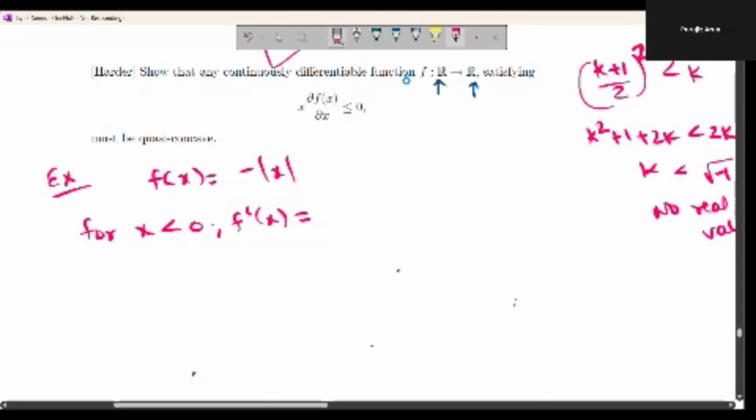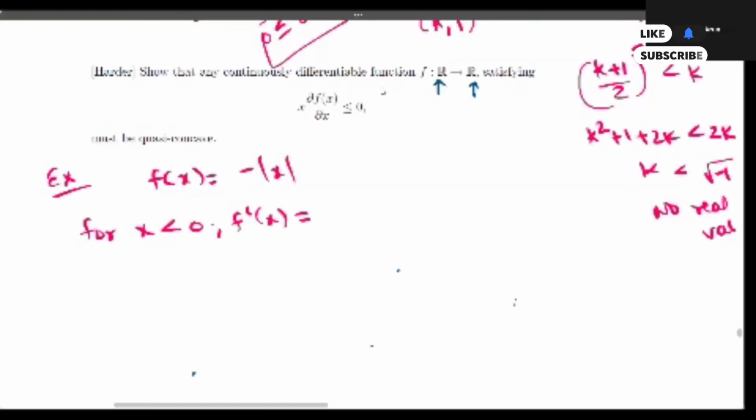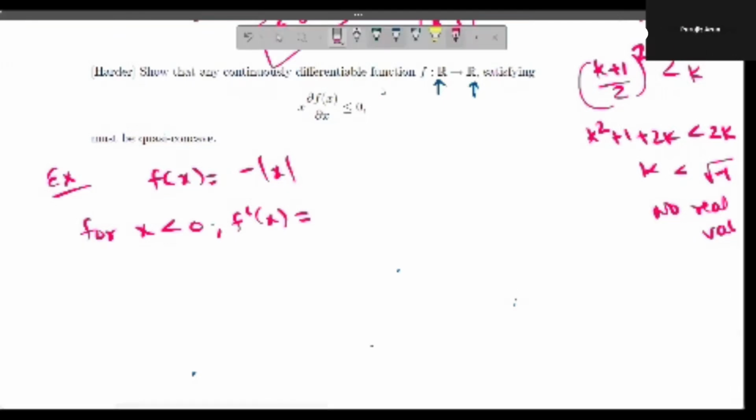Okay, let me rephrase it. If I am having a value of x lesser than 0, let's say minus 1, after applying that absolute value, it will give me positive, but the negative is outside. So this will be -1.